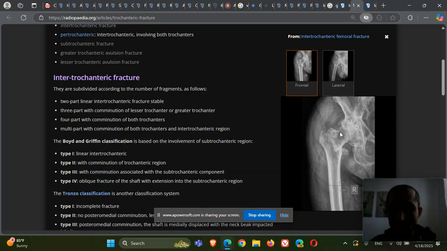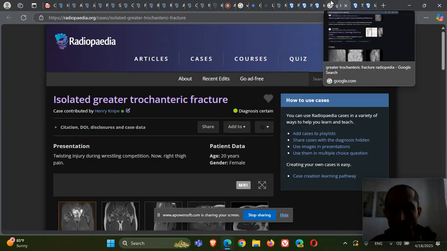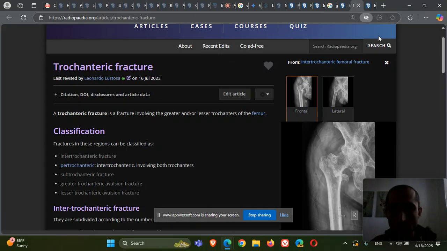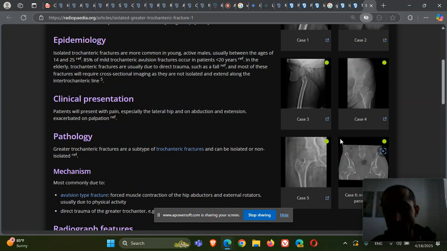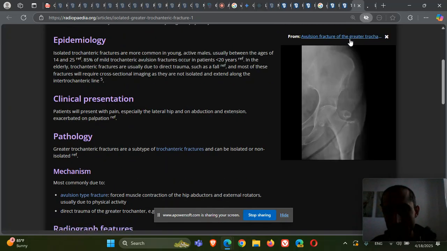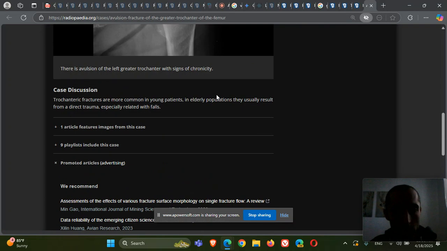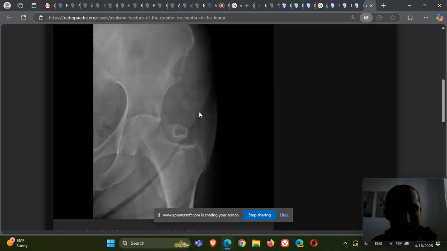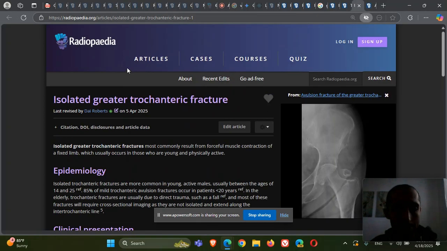Okay, it won't let me, but you can see here the intertrochanteric fracture. But what I wanted to show you is that greater trochanteric fractures should be thought of as something that may be the tip of the iceberg, and you should look for something more extensive. You can see an isolated greater trochanteric fracture, maybe.